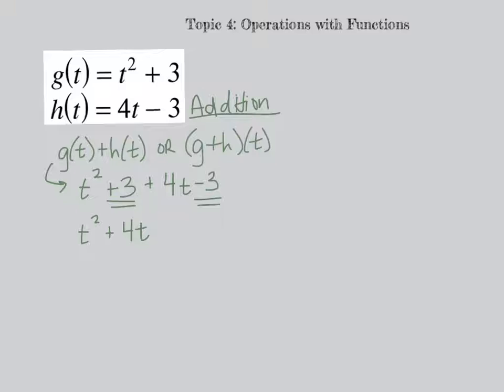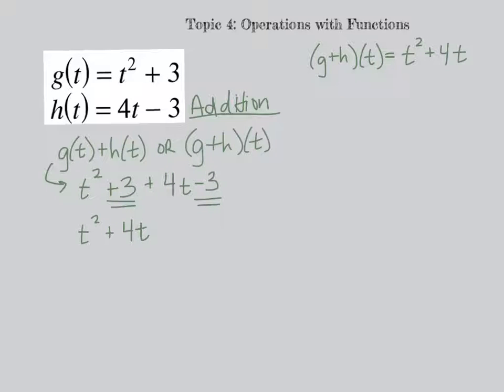Cool, so we've come to the conclusion that g plus h of t is t squared plus 4t. Great.